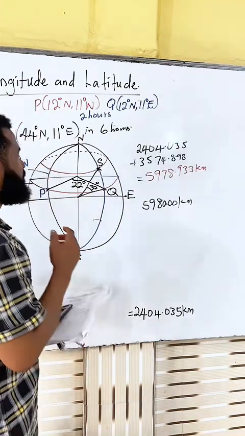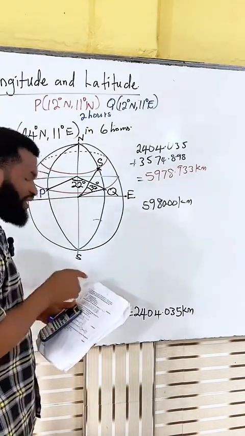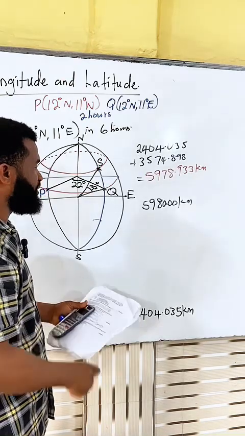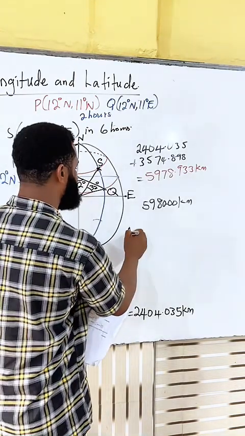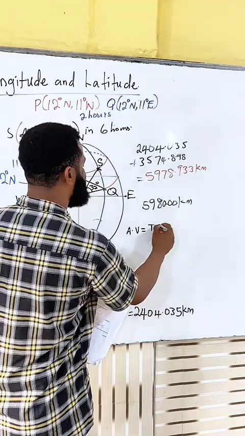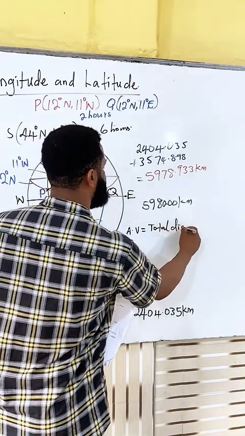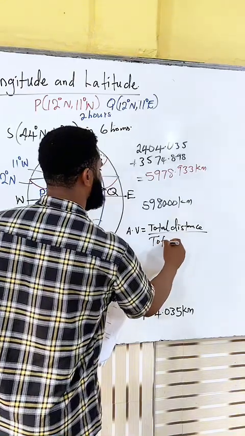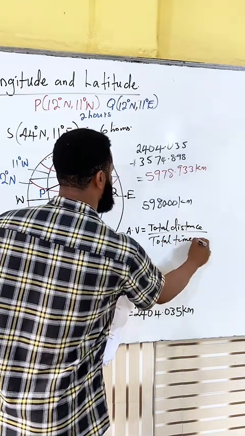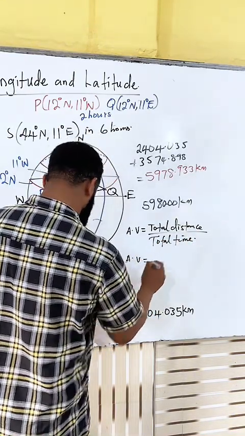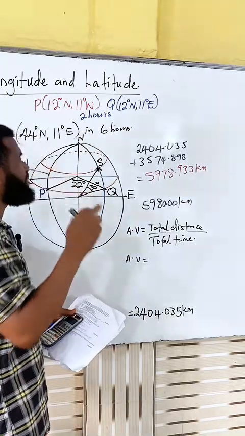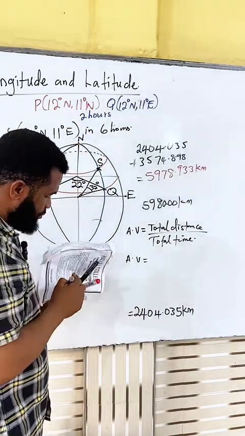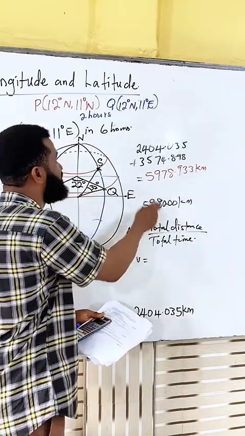All right, but the next question says average speed. What do we mean by average speed? Average speed means total distance all over total time. Therefore, remember the total time is 2 plus 6, which is 8. So I'm going to have this divided by 8.